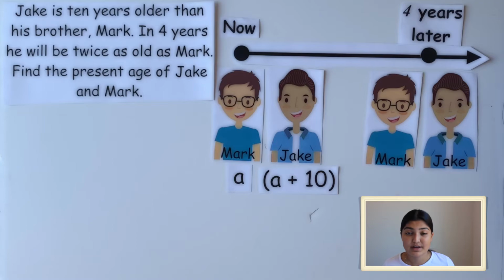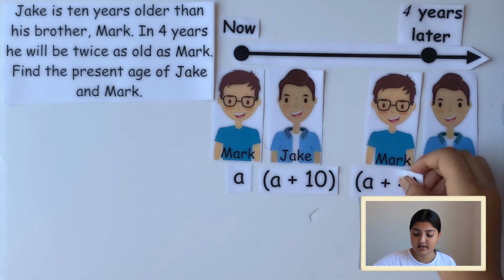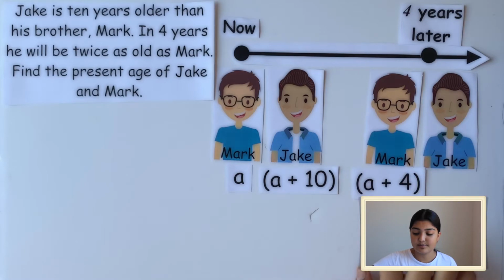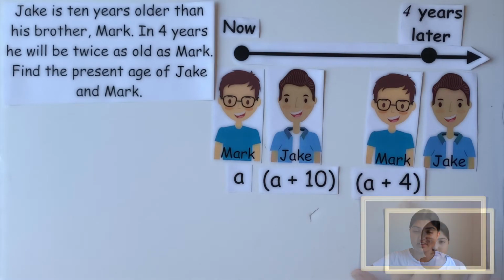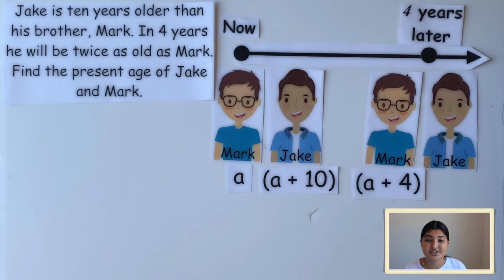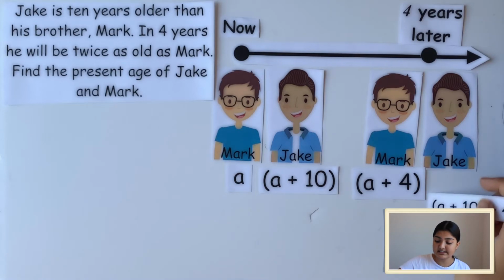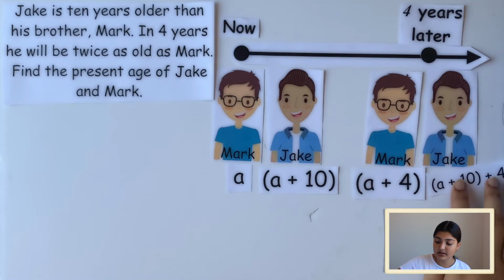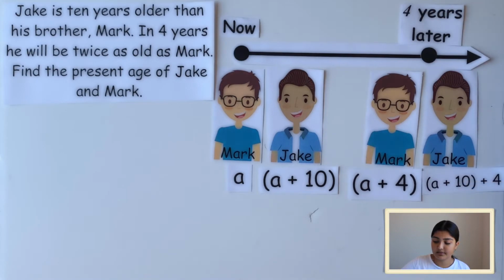So, Mark's age in 4 years will be A plus 4. And Jake's age in 4 years will be A plus 10 plus 4, which we can simplify. 10 plus 4 is 14.